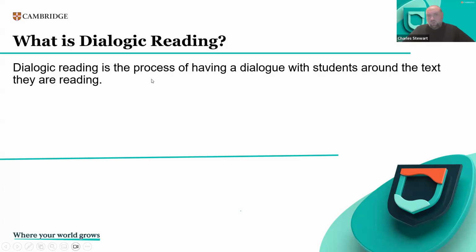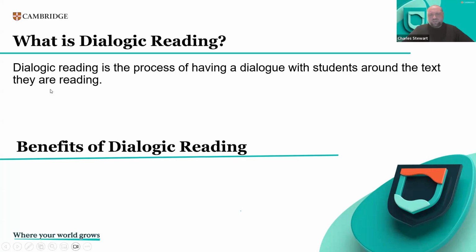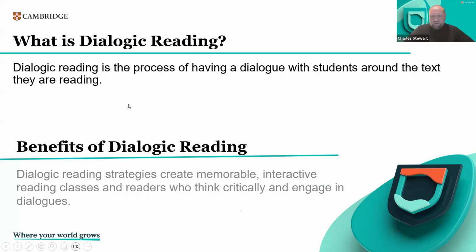I have found in my own experience in the classroom, a little bit of my background, I've been in education now for 15, 16 years, something like this, as an English teacher in both the public schools and also in private language schools. And one of the things that I've found about dialogic reading and this dialogue with students through the text is there are a lot of benefits to it.